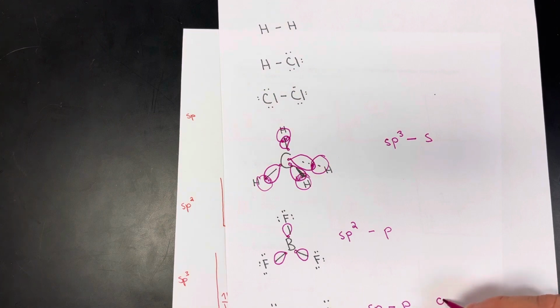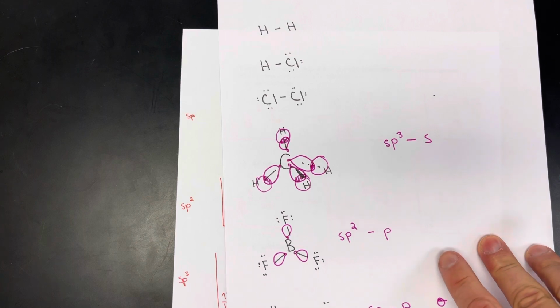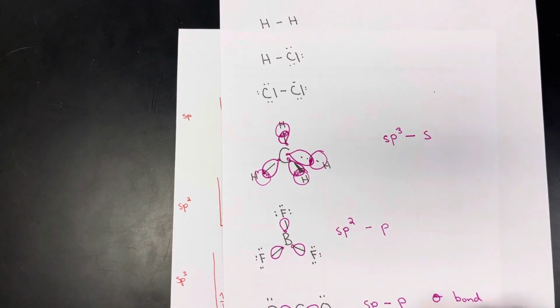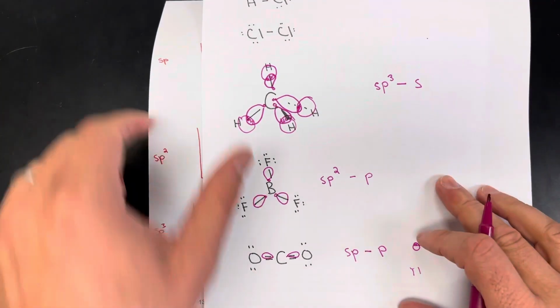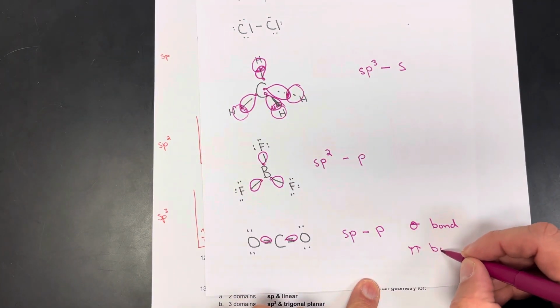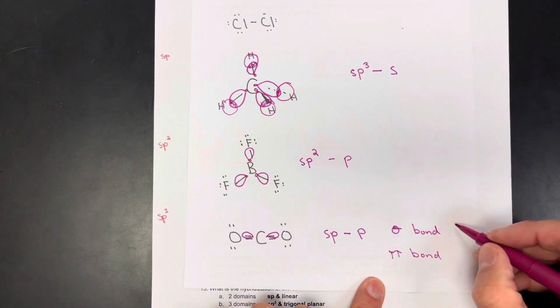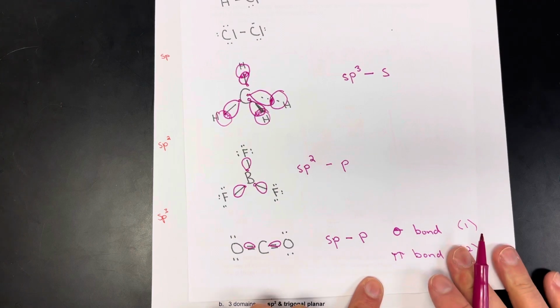We call that the sigma bond, the first bond that occurs, and it occurs on the internuclear axis. Now, the second bond is going to be a pi bond. Let's see if we can get this on the document camera so you can see. The first bond is always the sigma bond, and then the second bond is the pi bond.